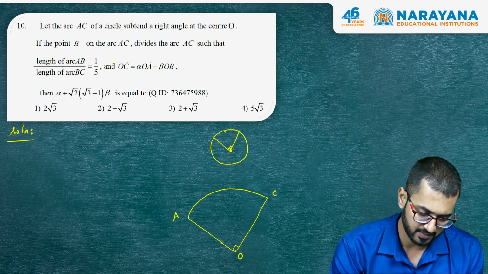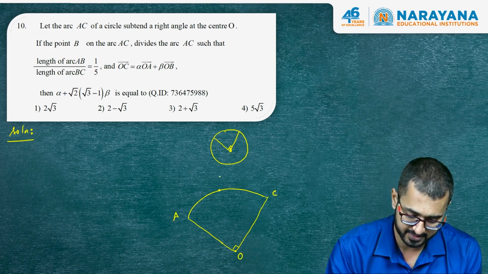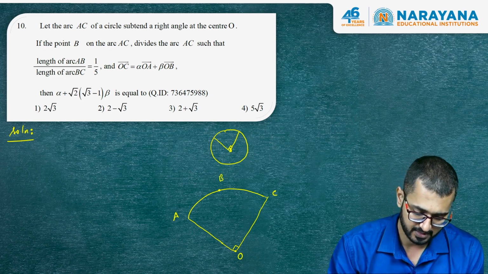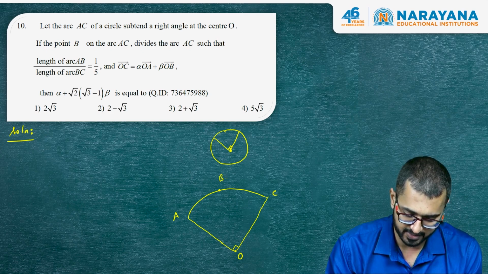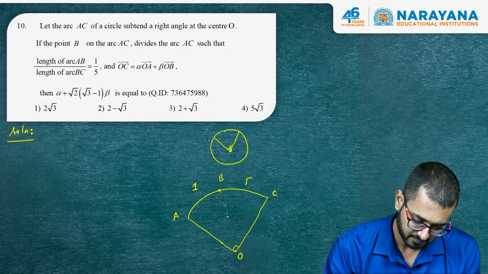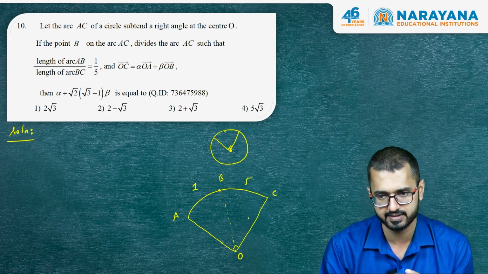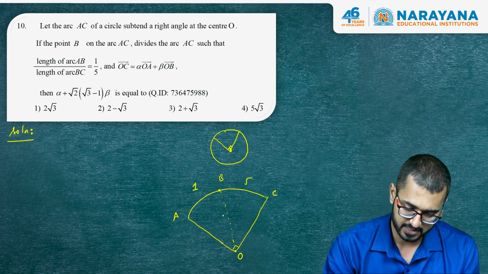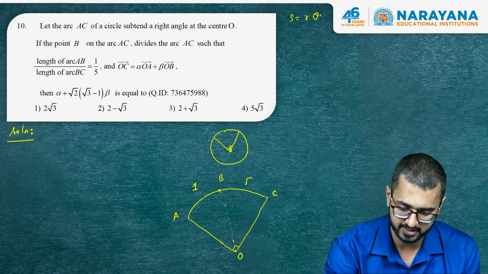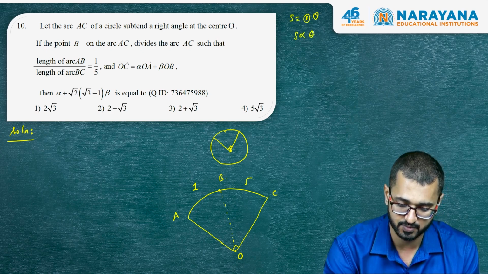Now the point B is on the arc AC such that the length of arc AB over the length of arc BC is 1:5. So this divides in the ratio 1:5. Of course we now have to find their corresponding angles, whatever angle it's subtending there. We know that S is equal to R theta, and the radius is constant, so S is directly proportional to theta.